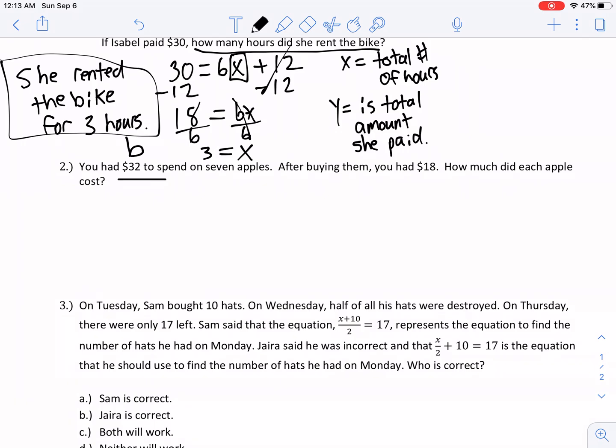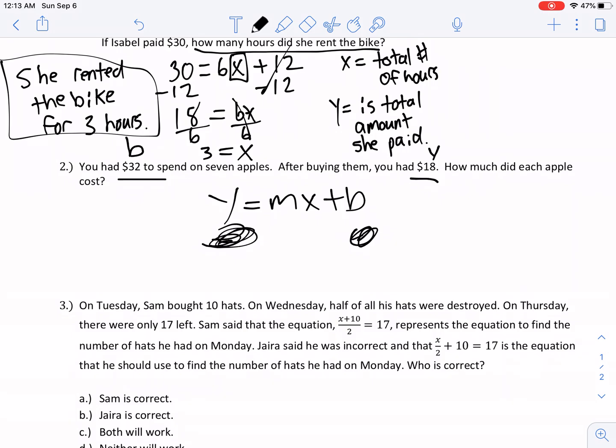Then after buying them, we had 18 left over. Now ask yourself, is 18 how much you're spending per apple? No. So in this situation, they don't tell us our m, they tell us the total. That's our y, the total we end up with at the end after spending the money, which is 18, and we started with 32.